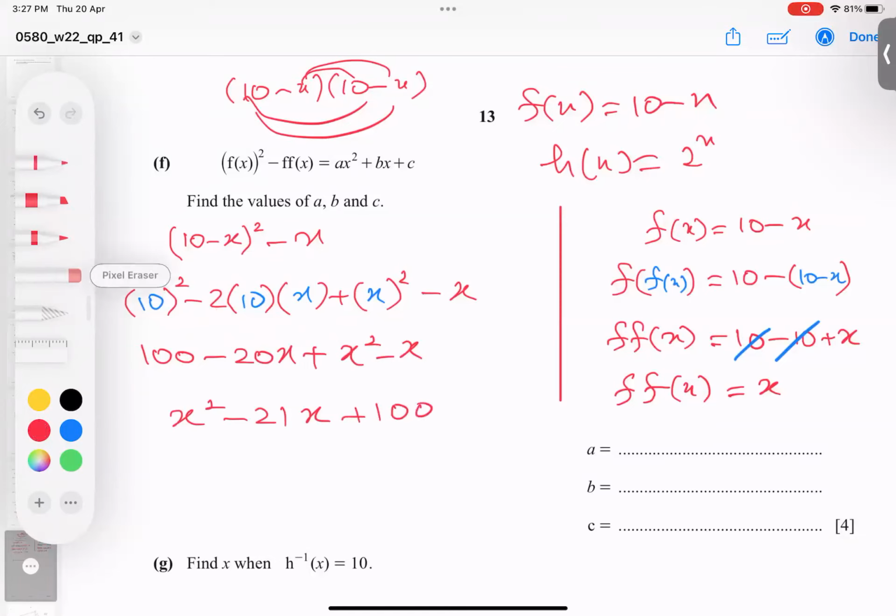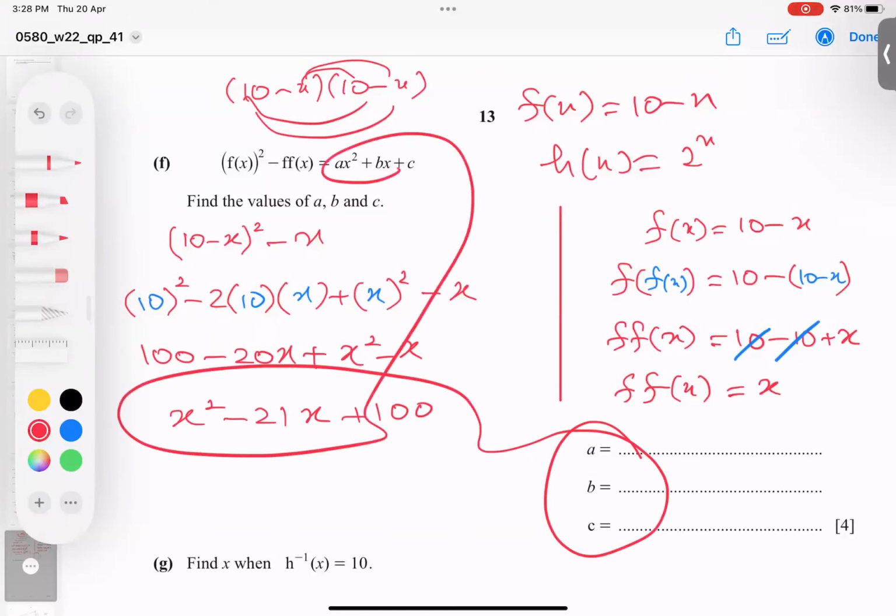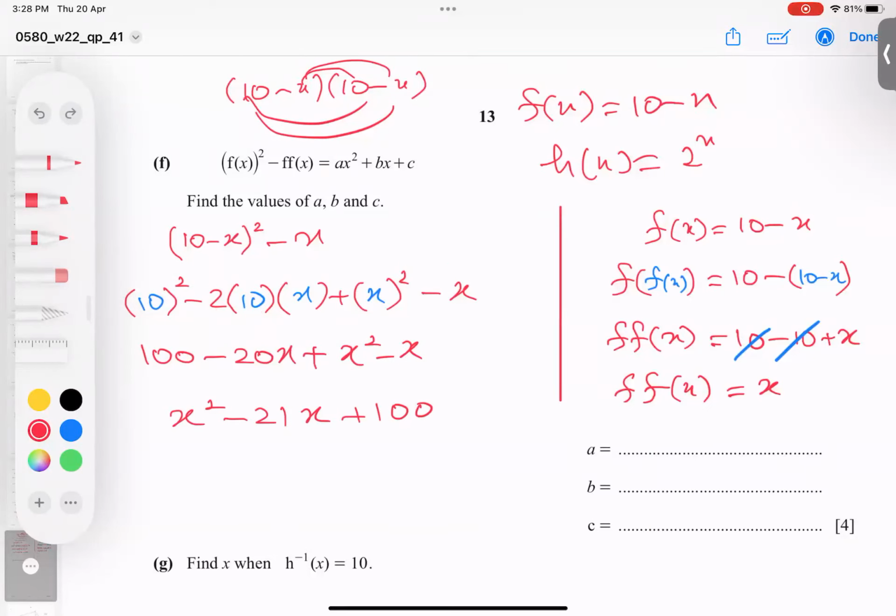But he was asking, give me the a, b, c values. I mean, these values, I will compare with that. Do we have anything before x squared? Nothing, there's 1. So here a is equal to this number, which is 1. So a value is 1.